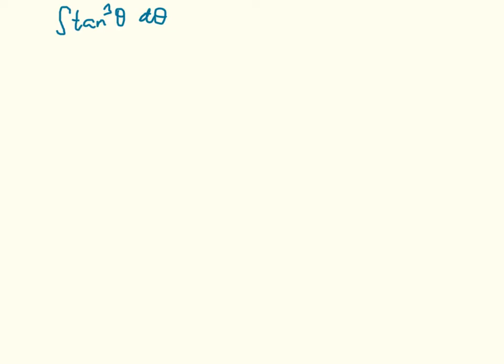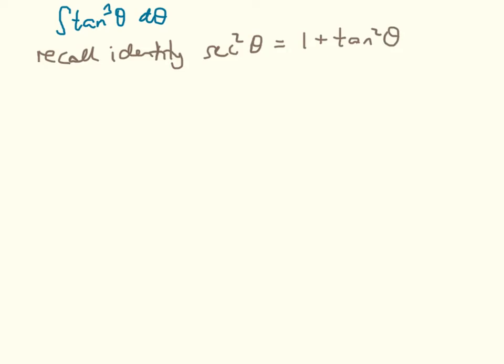So let's recall the identity that sec squared theta is 1 plus tan squared theta, or tan squared theta plus 1. And this is an extremely useful identity for integrals involving powers of secants or powers of tangents.